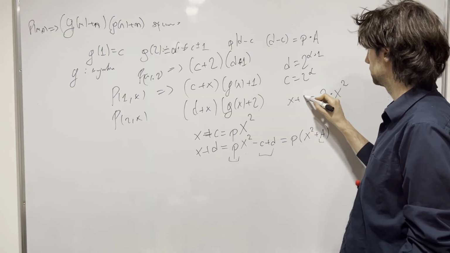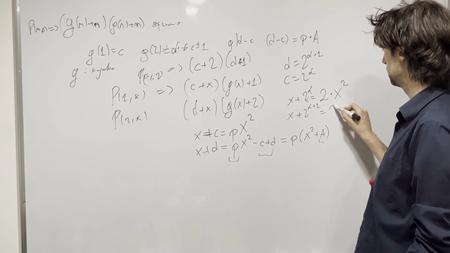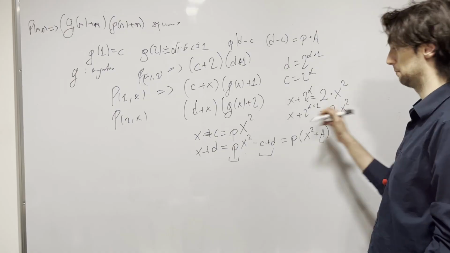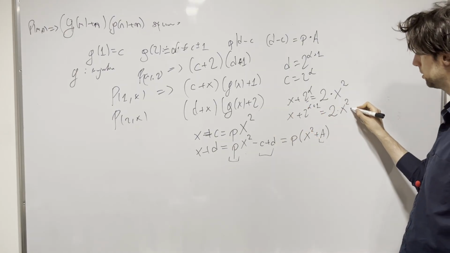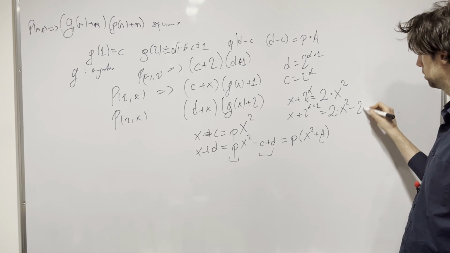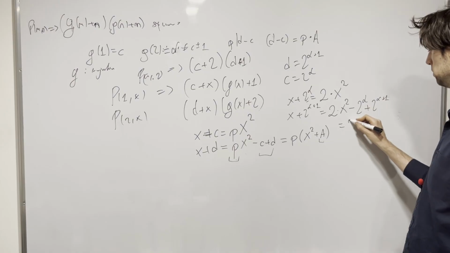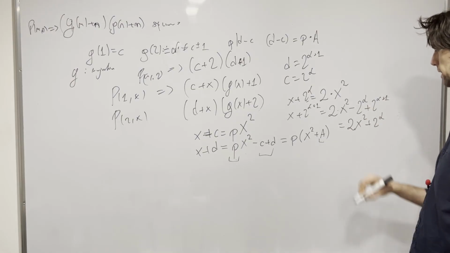So x plus 2 to the alpha and x plus 2 to the alpha plus 1 work out, minus 2 to the alpha plus 2 to the alpha plus 1, which is going to be equal to x squared plus 2 to the alpha.